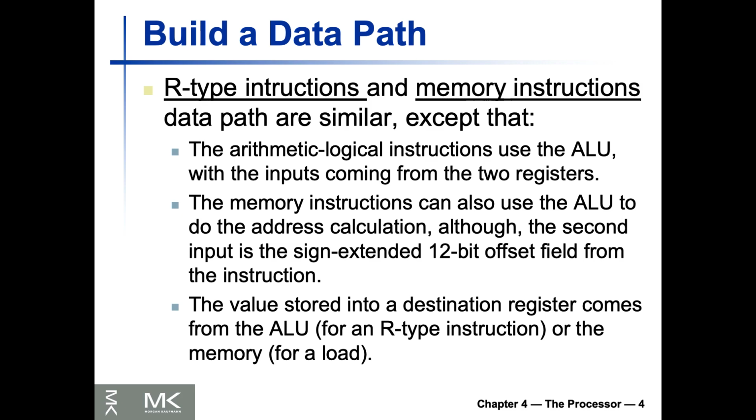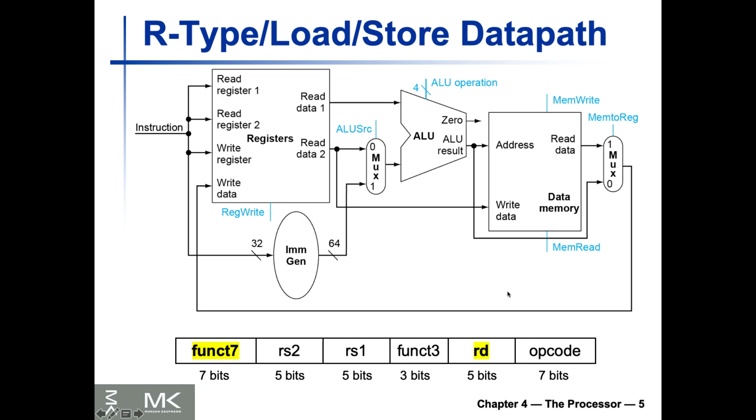In general, as you know already, the memory instructions can also use the ALU, so they are pretty similar. So what we have here in the design is that the only difference for both of them is the way we play around with the funct fields and the RD here. If you take a look at your green sheet, one of them is in R format and the other is in S format.